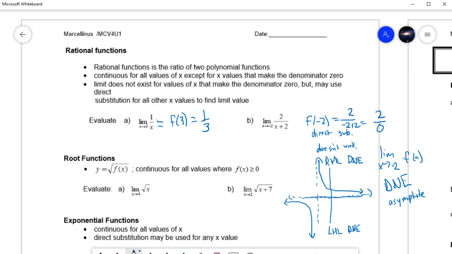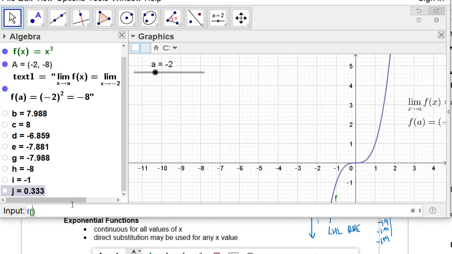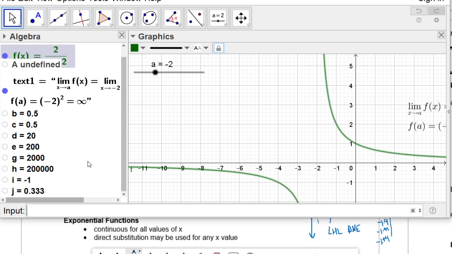And if you're really stuck, if it's a complicated one and you just want to prove that it's an asymptote, the easiest way to prove an asymptote is make a little table, plug in -1.9, plug in -1.99, plug in -1.999, and show that these numbers do not converge, rather they diverge. Again, let's just quickly do that so we have the example. So f of x here was 2 over x plus 2, and I wanted to check.